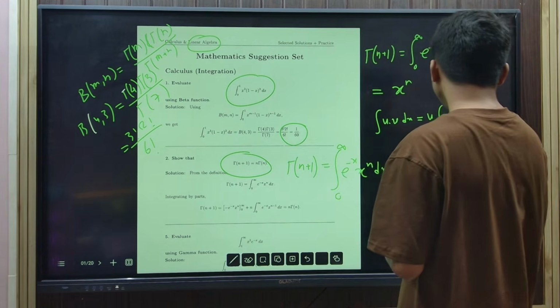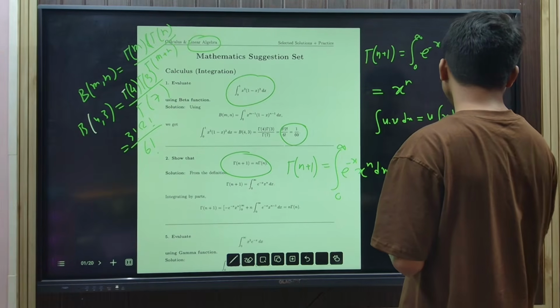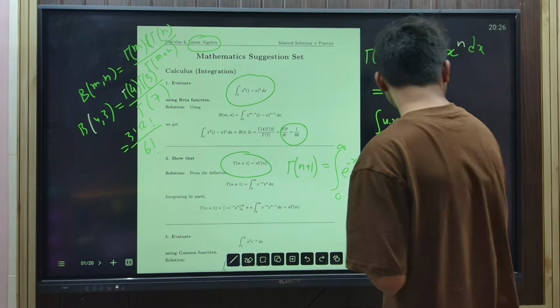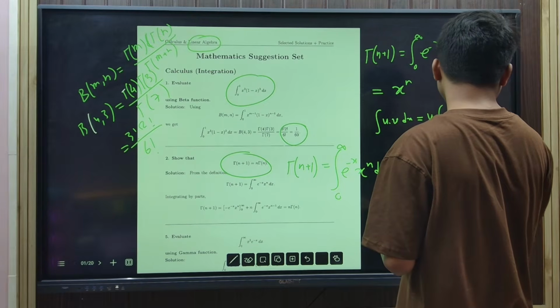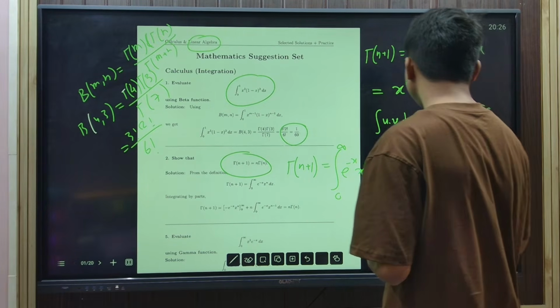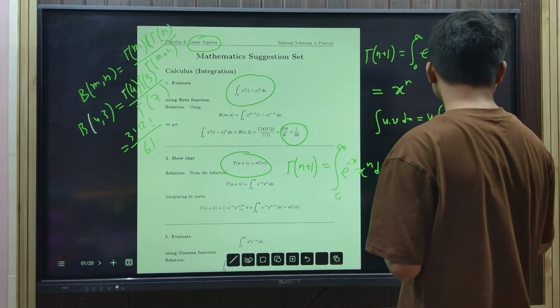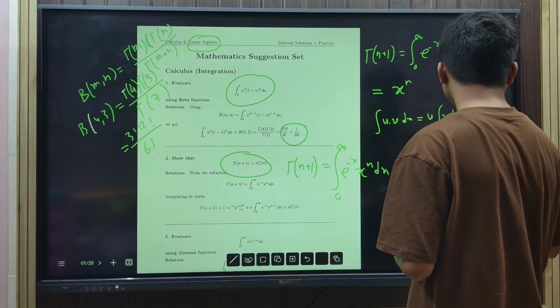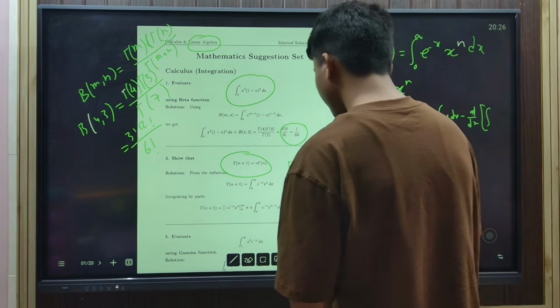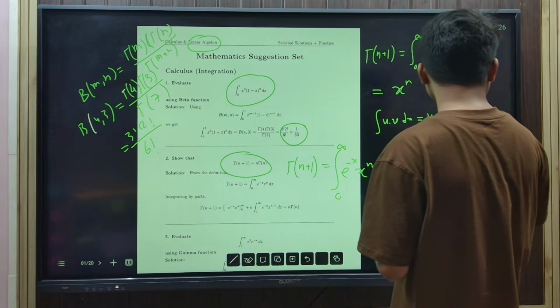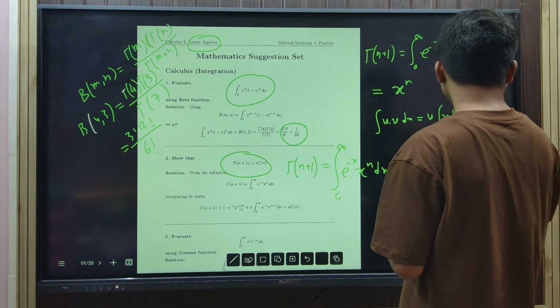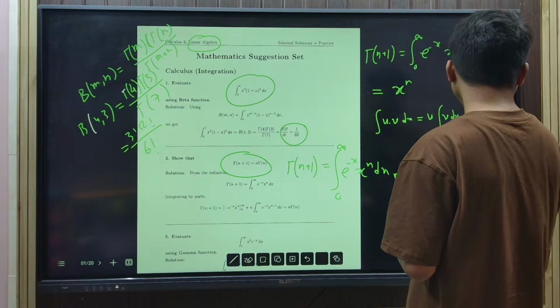So u times integral of v dx minus the integral of d/dx of u times the integral of v dx.